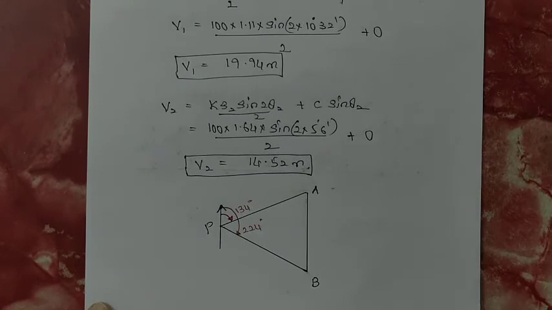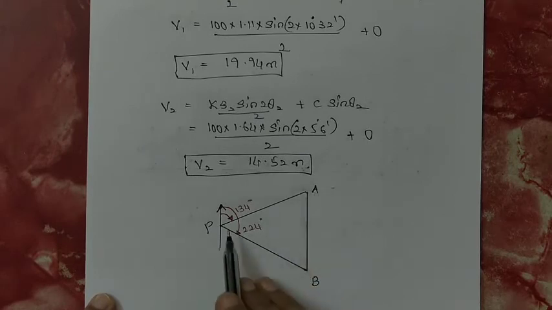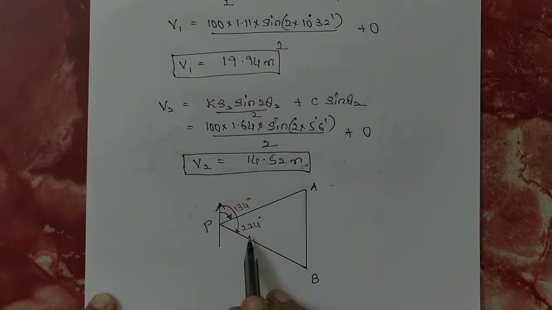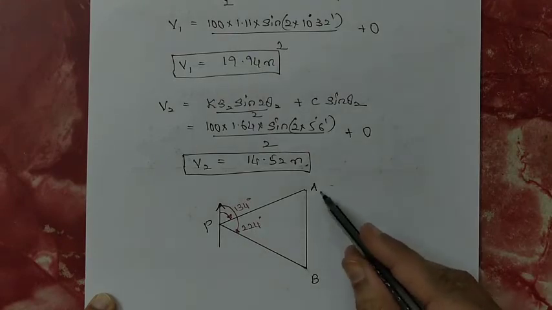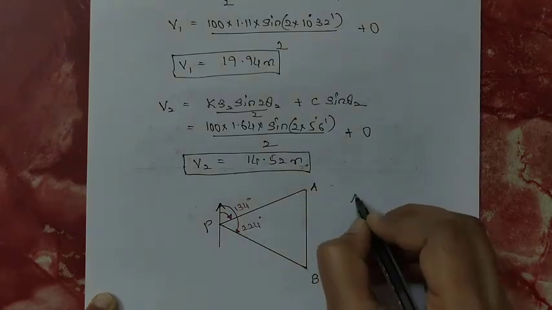Next, gradient they have given. From the instrument station they have measured the bearing value to that A. That is 134 degree. Similarly, when the tachyometer is at B, they have observed the bearing value to that B staff point. You got it as 224 degree. You need to calculate the gradient between A as well as B. First you calculate the angle APB.